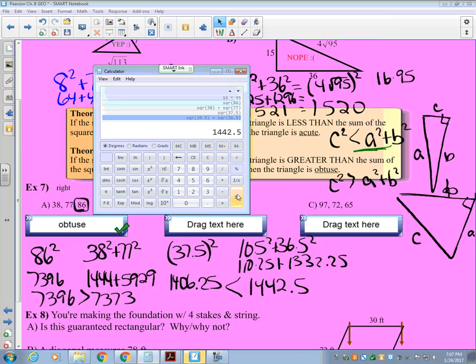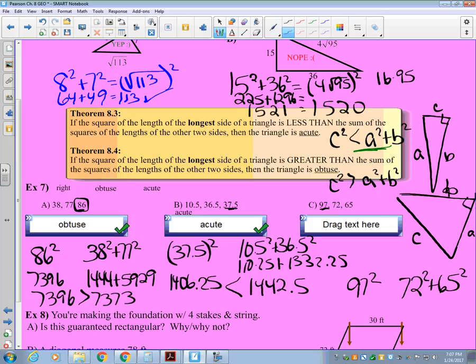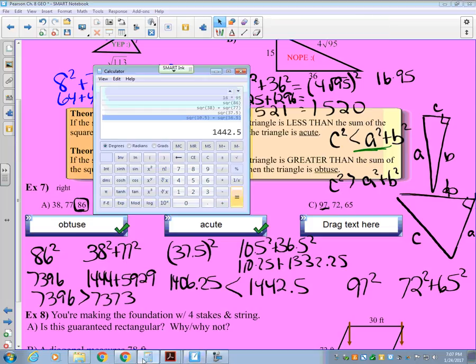So let's go ahead grab the acute, and check. That is correct. Last but not least, let's check this one, our 97 squared, and how it compares to 72 squared plus 65 squared. So our 97 squared, 9409.